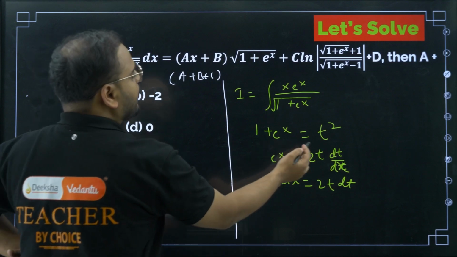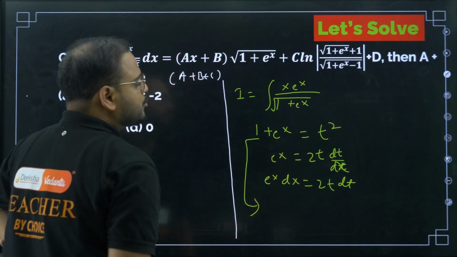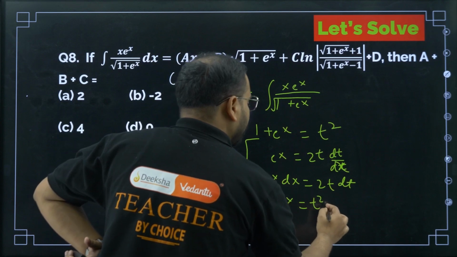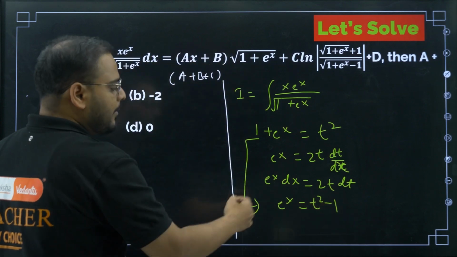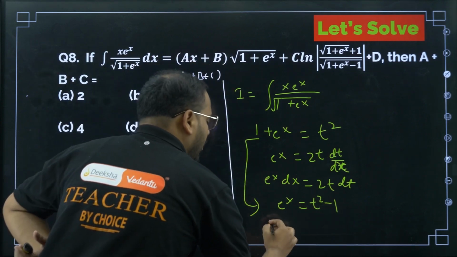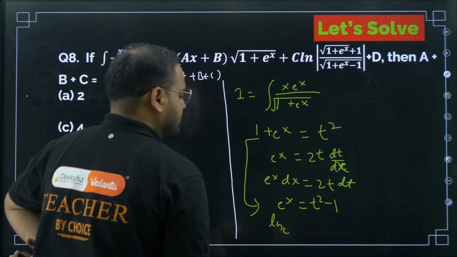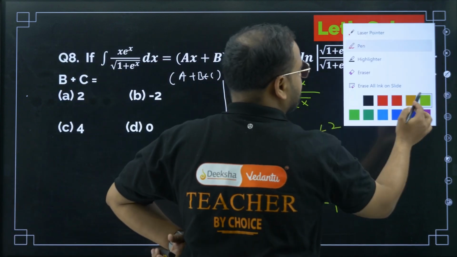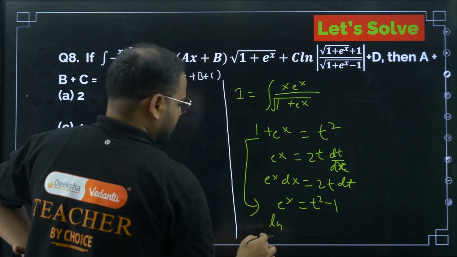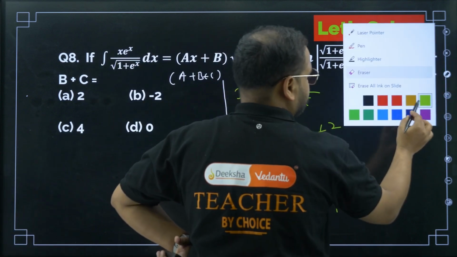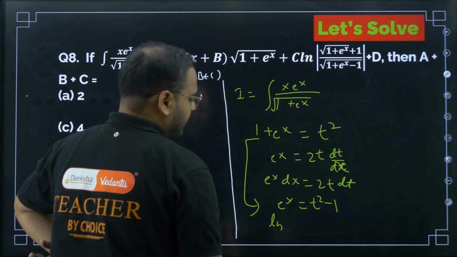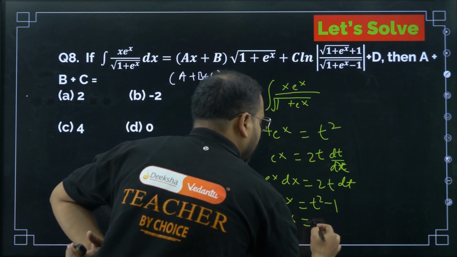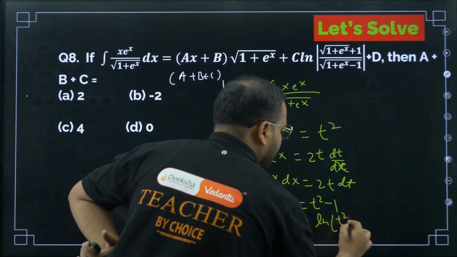Okay, what about the x value from here? Please check what the x value is. To find x, I have to take 1 on that side. I'll get e power x equals t square minus 1. Okay, apply log on both sides, you'll get ln of e power x equals ln of t square minus 1.